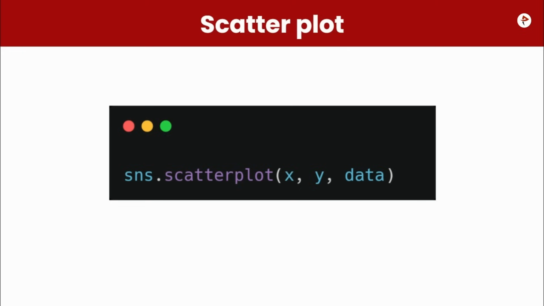You can pass the column name, and in y you can pass the column name which you want to plot in y, and for data you have to set the variable where you have stored your dataset. If you pass the data here, then there is no need to call dataset dot column name. You can just mention the column name in x and y, and pass data equal to the dataset where you stored it, and this will be very helpful. We see how to use Seaborn.